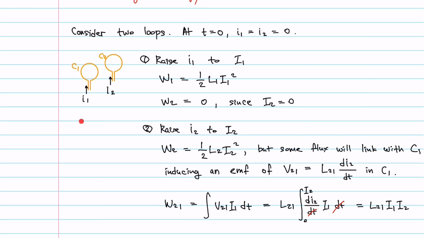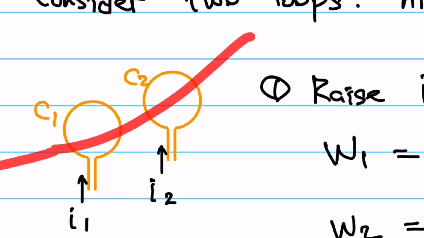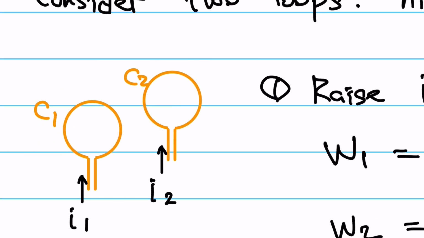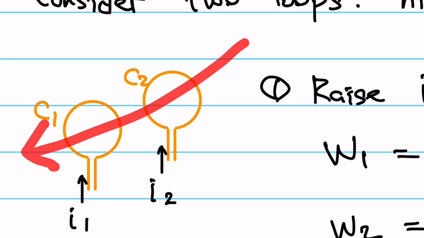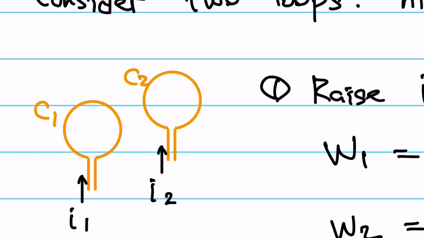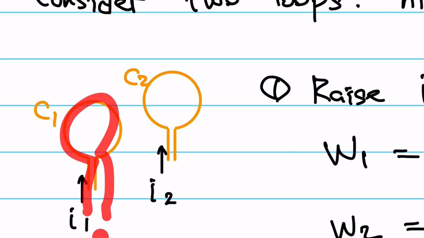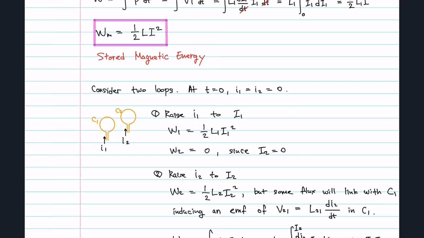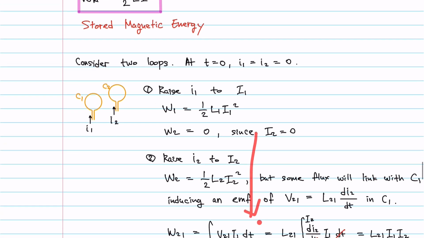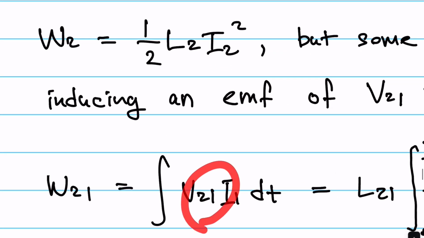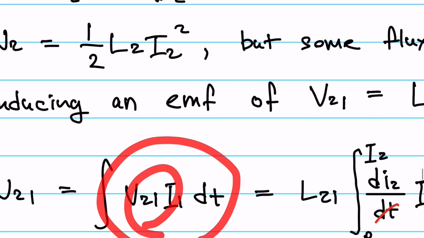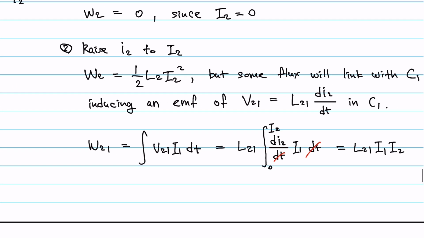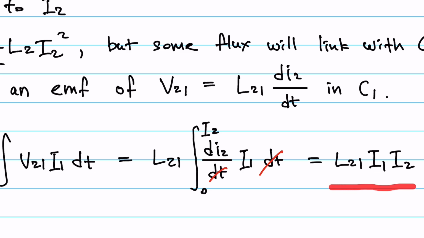Because coil 1 is already there, but now there's another coil generating magnetic flux to link with coil number 1, inducing extra voltage. So the current needs to be multiplied with that extra voltage, which is V21. So you get the power, and then if you integrate it over time, you get the energy. And if you do the math and plug it in, you get L21 I1 times I2.